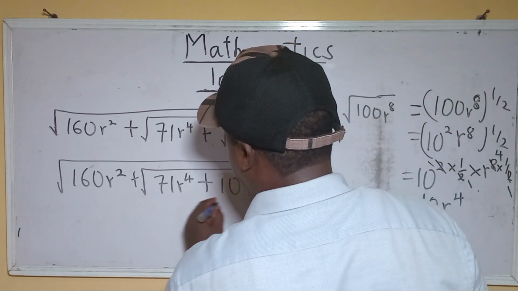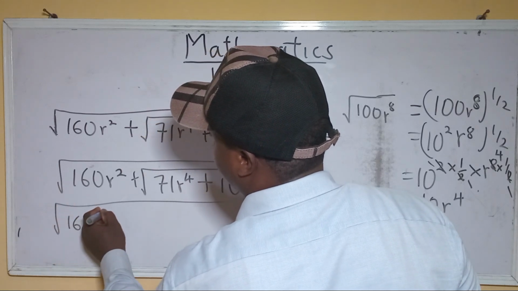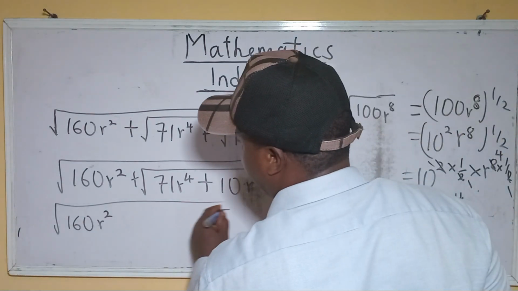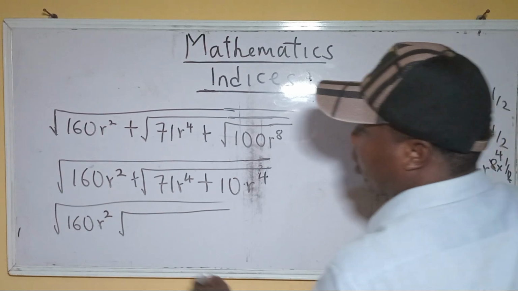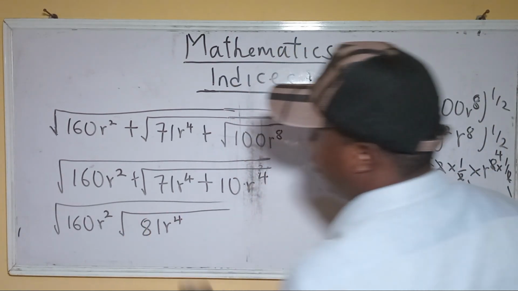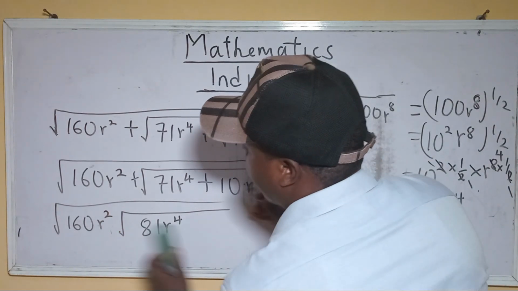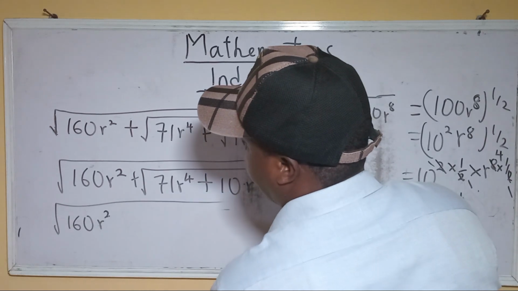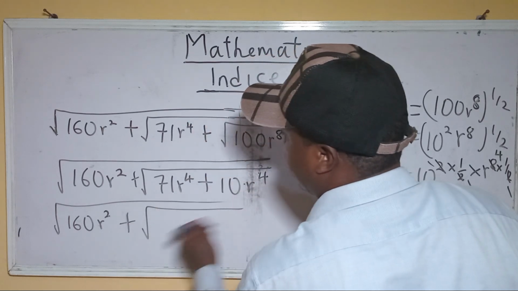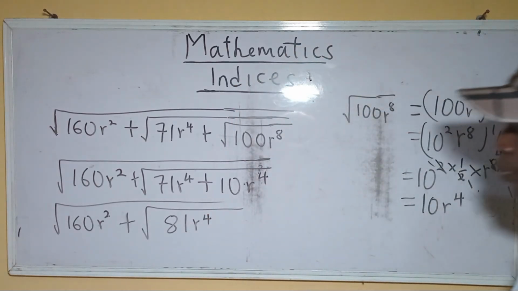Remember I have something of this nature: 160 r squared plus, sorry, there is a plus sign, let me write it. Then if you add these two together, it will give us 81 r raised to power 4.